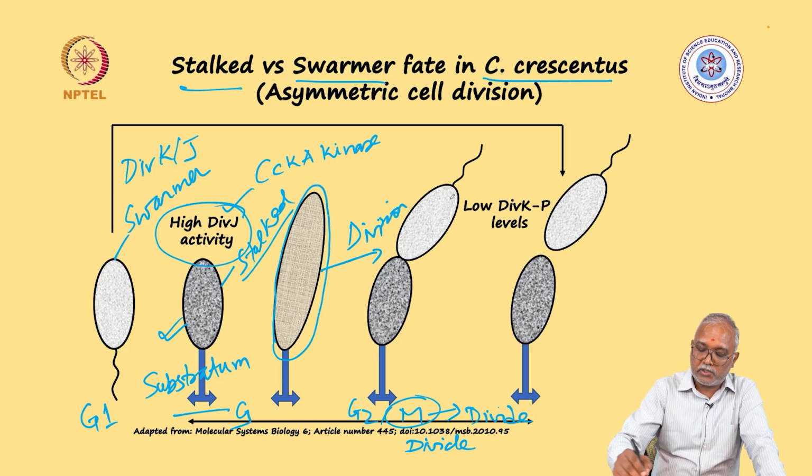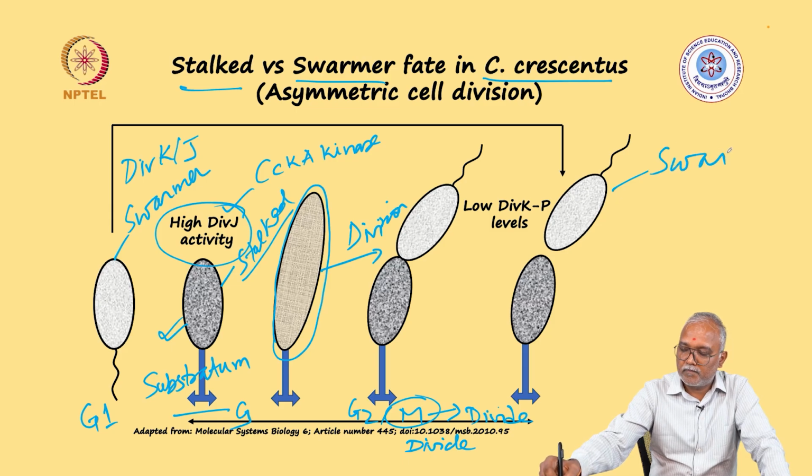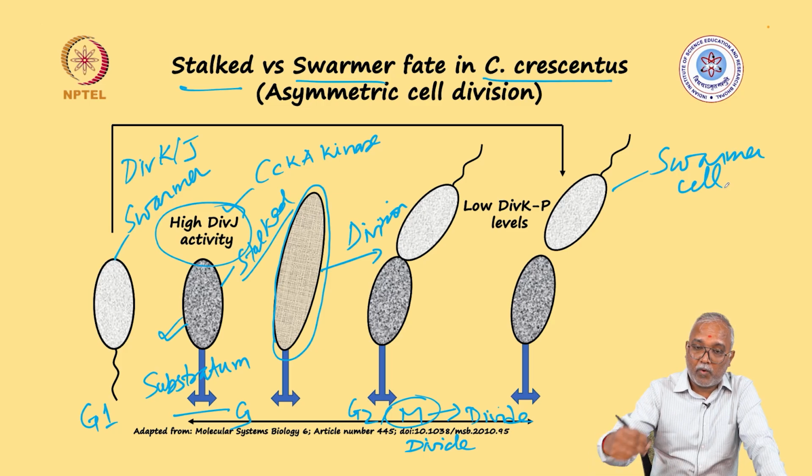And the cell which is not tethered to the substratum becomes the swarmer cell.